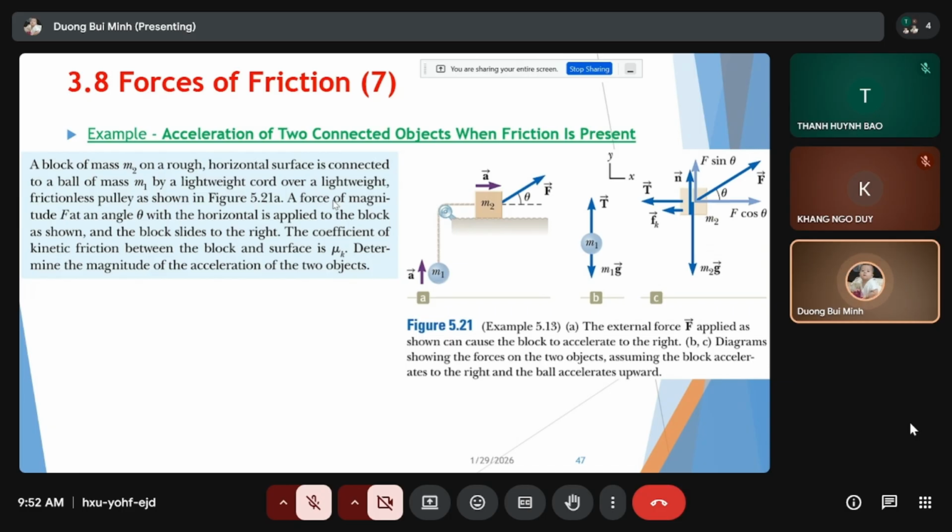So the electric motor will generate F to pull up the elevator. If F is too large, the speed of the elevator is too fast, and it becomes dangerous. If F is small, the elevator is moving very slowly, and customers will complain. You feel uncomfortable, right?